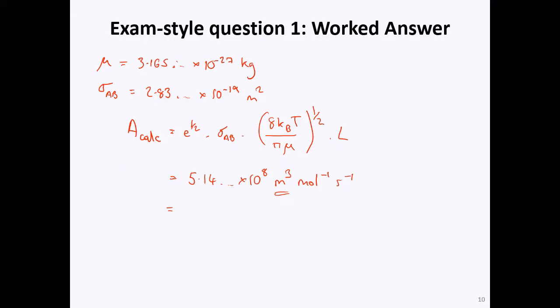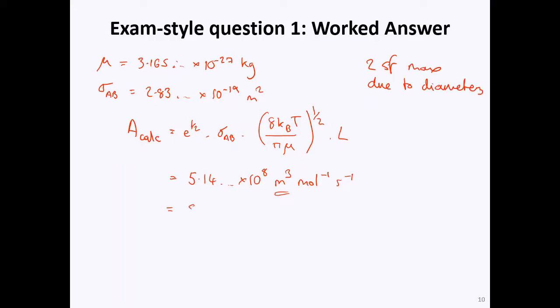So this is an inappropriate level of accuracy. The thing that's going to hold our accuracy was those initial values of the molecular diameters, and they were given to 2 sig fig max. So we've got 2 sig fig max due to diameters.